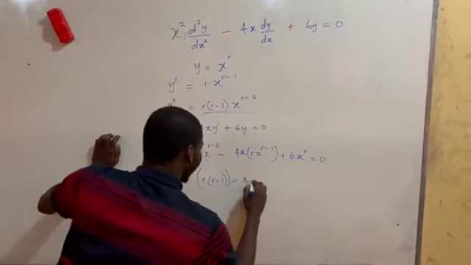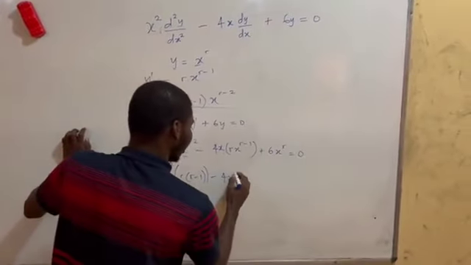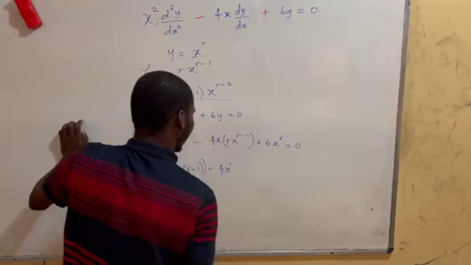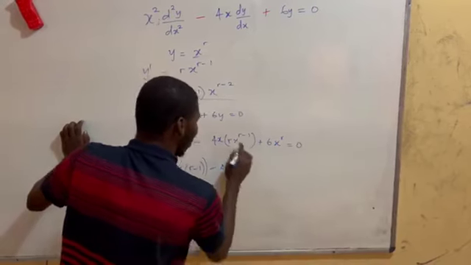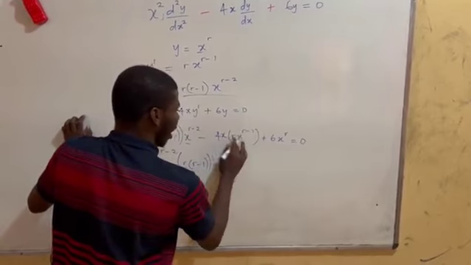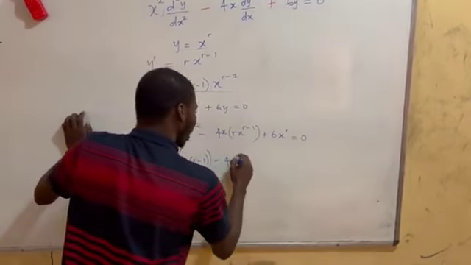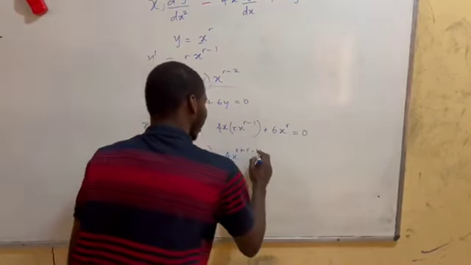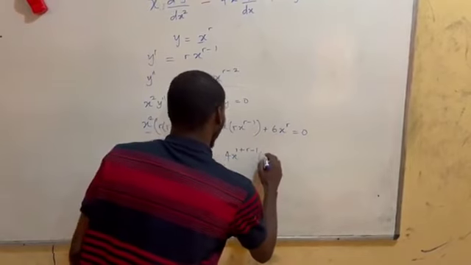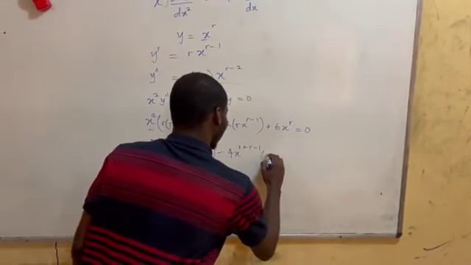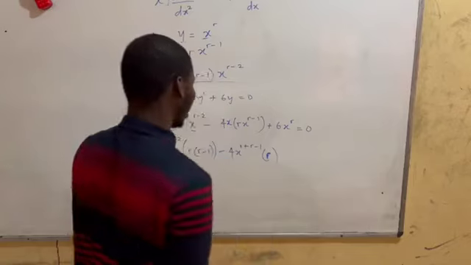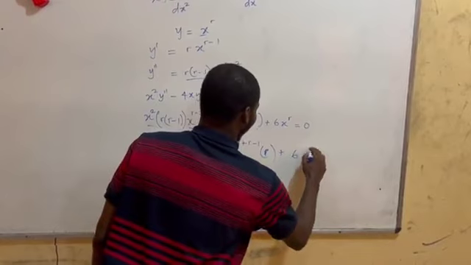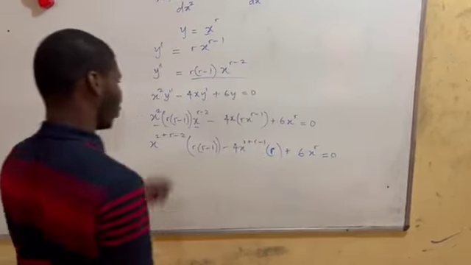We have 4x over here, and this is simply 4x to the power of 1. We are combining this x and this x together, so we have 1 plus r minus 1, and we are left with r. Plus 6 x to the power of r equals 0.